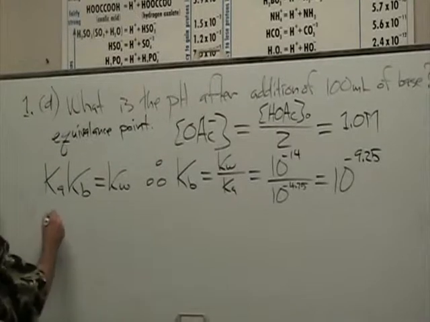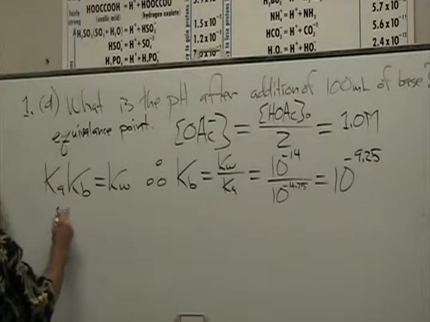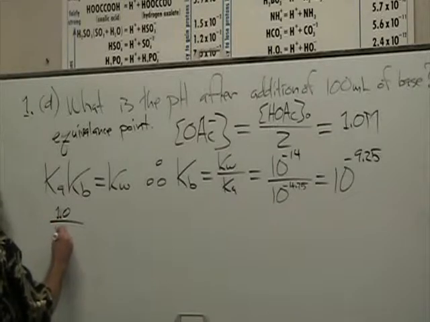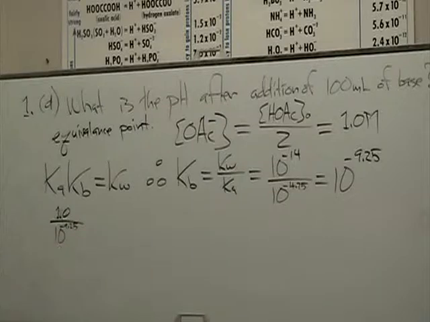Molarity over Kb. 1.0 divided by 10 to the minus 9.25. Well, you can almost, by inspection, that's going to be awful close to, because what is 1? It's 10 to the 0.